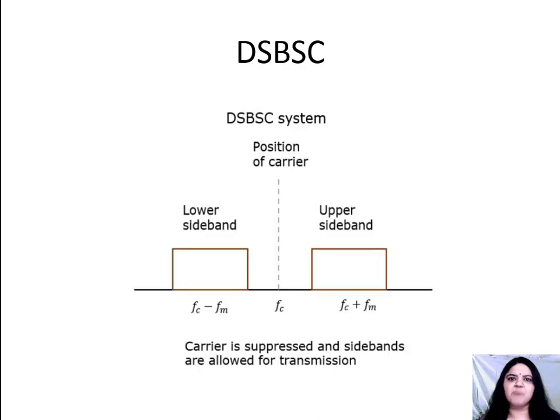This is the spectrum of the double sideband suppressed carrier, which consists of the lower sideband and the upper sideband. As we know that there is no information in the carrier, we can suppress the carrier and save the power in the transmission. So the carrier is suppressed and the sidebands are allowed for the transmission.